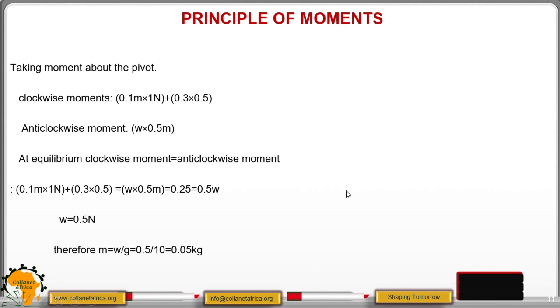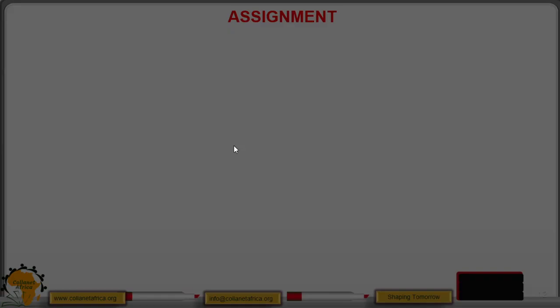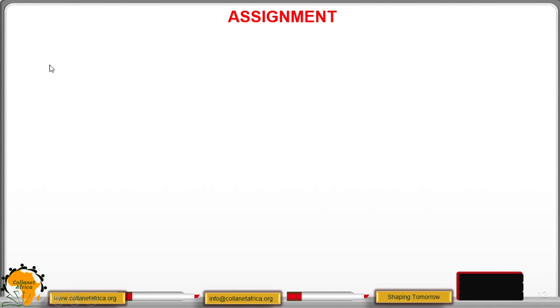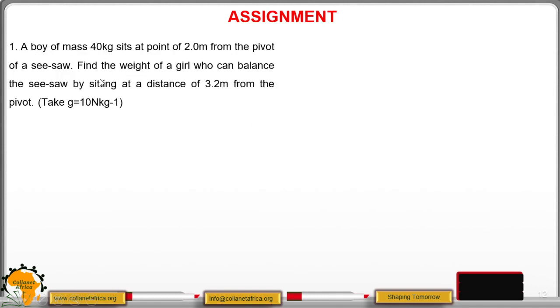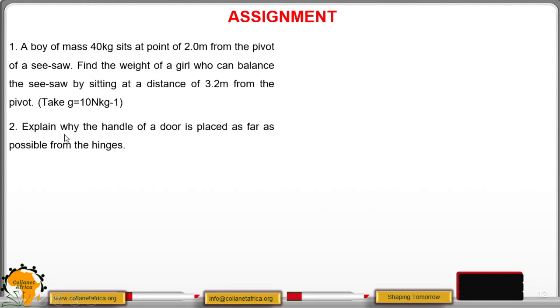You can also test yourself on how far you have understood by going through the following assignments. I have some good questions for you. Try to go through these questions. They are very nice. They will test your understanding, and also your reasoning, like number 2 here.